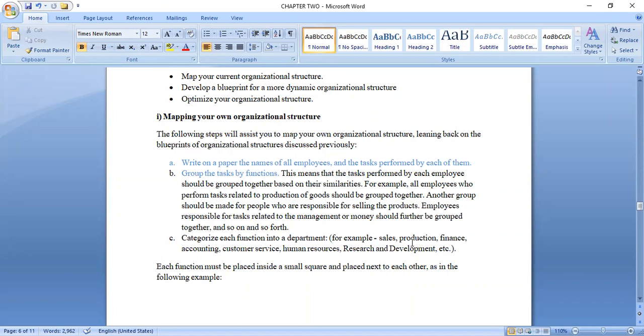For example, these salesmen will be under the sales department, right? And then if these people are doing the packaging of the final product, operating machines during the production process, those ones will be working under the production department. If the person is working as a cashier, right?